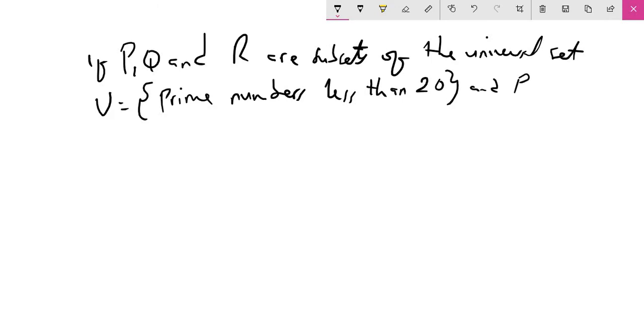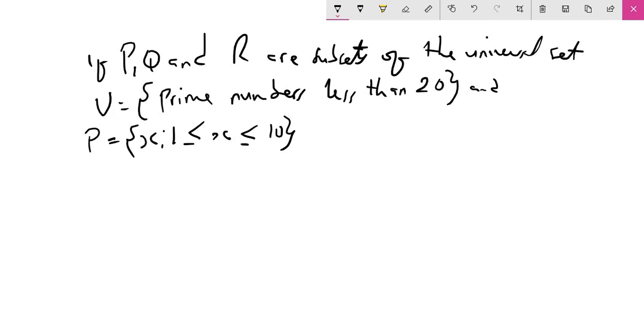And P is equal to x such that x is between 1 and 10 inclusive.